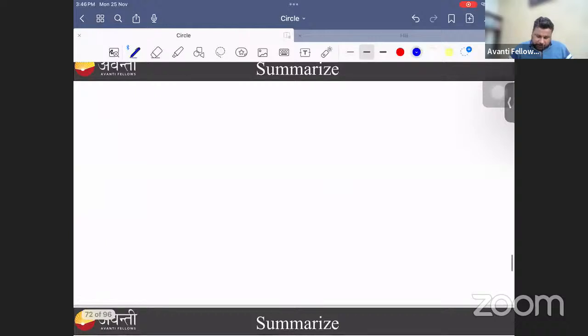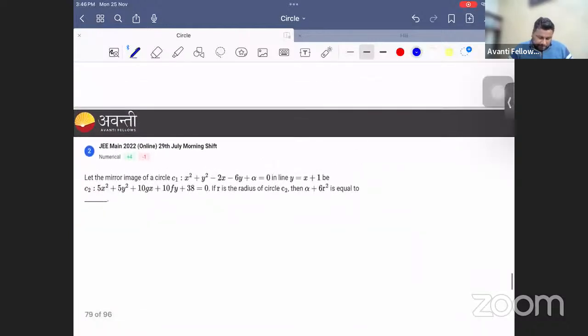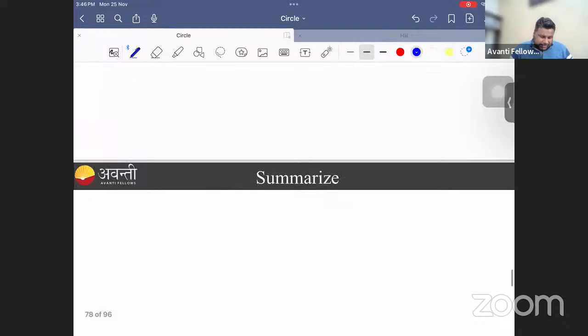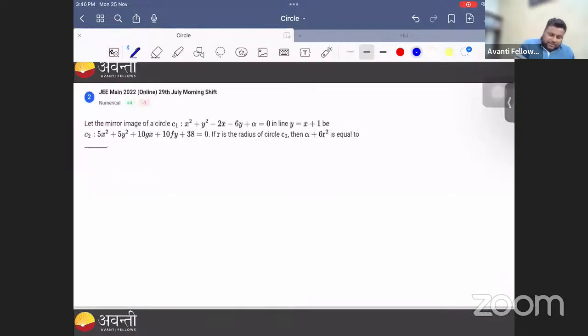Now, let's do two questions. Let us see this question. Let the mirror image of this circle in the line y equals x plus 1 be this circle. R is the radius of C2, then they're asking for alpha plus 6r square. Got it? Now, how to do?